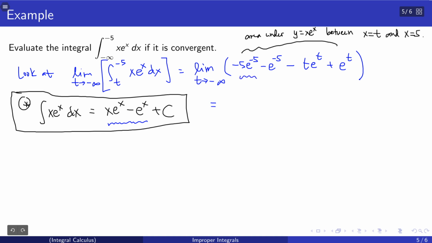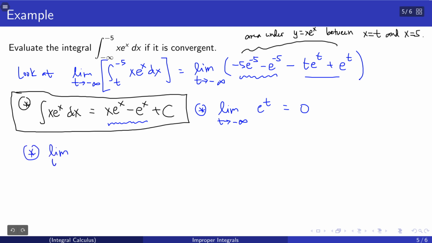Well, these are just constants at the beginning, so we don't really care about that. They're just going to be there. So I'm going to take the limit as t goes to minus infinity of these other terms. E to the t just goes to 0. Right? Y equals 0 is a horizontal asymptote of e to the t.